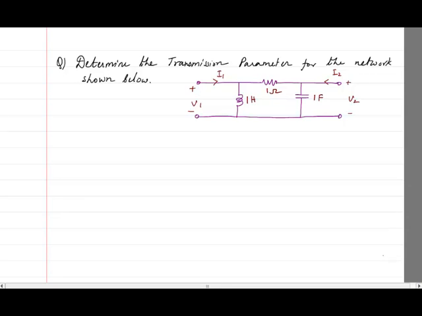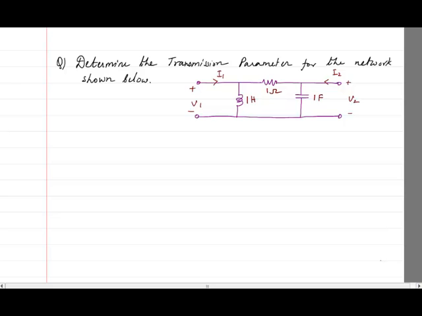Determine the transmission parameter of the network shown. Now, I have already told you, for the case of impedance parameter, we use only KVL. For the case of admittance parameter, we use the technique of only KCL for solving the problem. So, impedance parameter KVL, admittance parameter KCL.